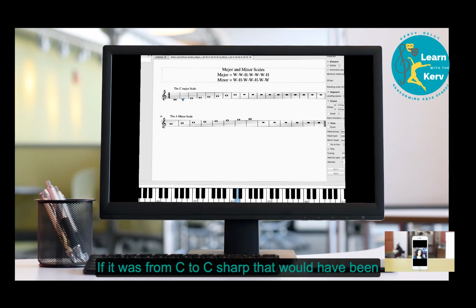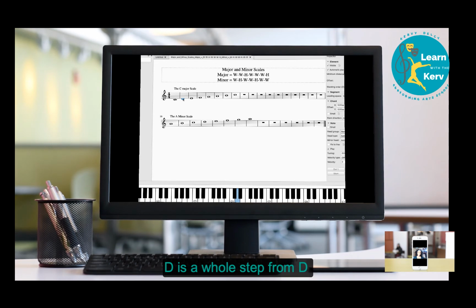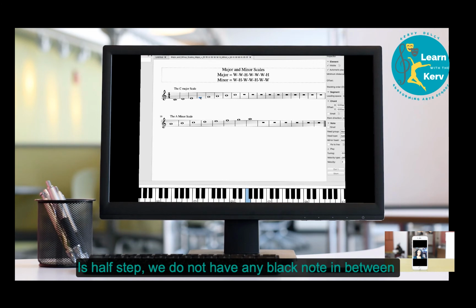If it was from C to C sharp, that would have been a half step. But because it's from C to D, it's a whole step. From D to E again is a whole step. We have a black note in between. From E to F is a half step. We do not have any black note in between.